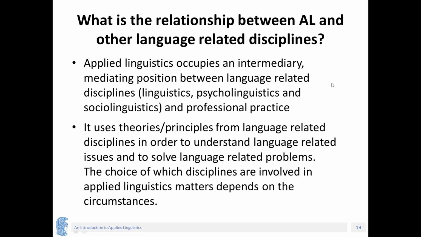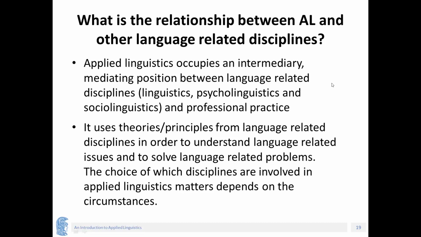Applied linguistics occupies an intermediary, mediating position between language-related disciplines, linguistics, psycholinguistics, and sociolinguistics, and professional practice. So then applied linguistics is among these areas in the center, resolving problems. That is the idea. There are problems related to linguistics, there are problems related to psycholinguistics and sociolinguistics.